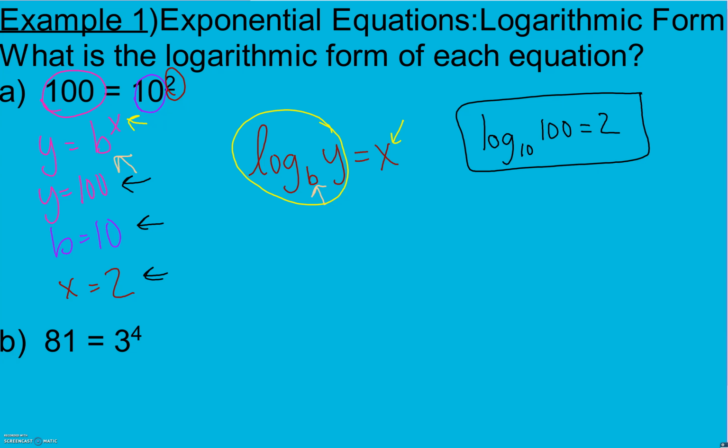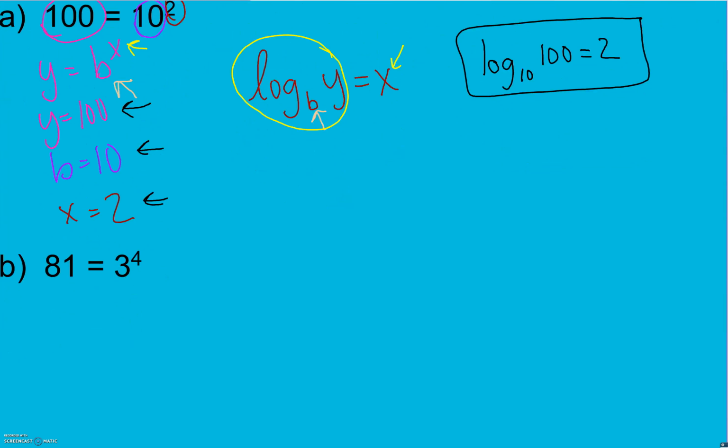Same idea for part B here. Figure out what your x, y, and b are. So y equals b raised to the x power. So we have y equals 81, b equals 3, x equals 4.